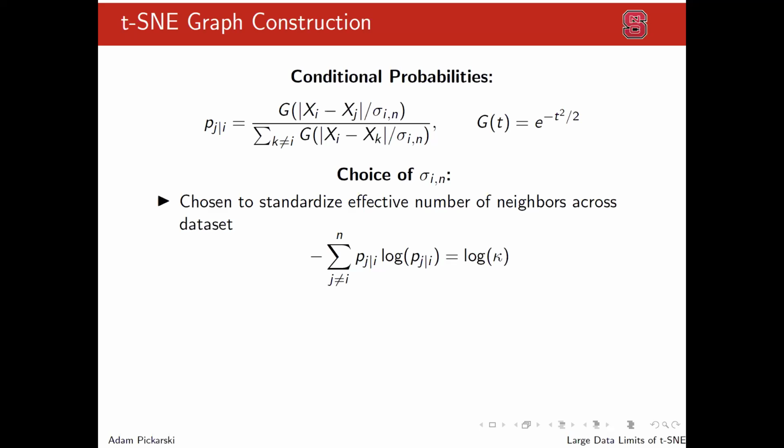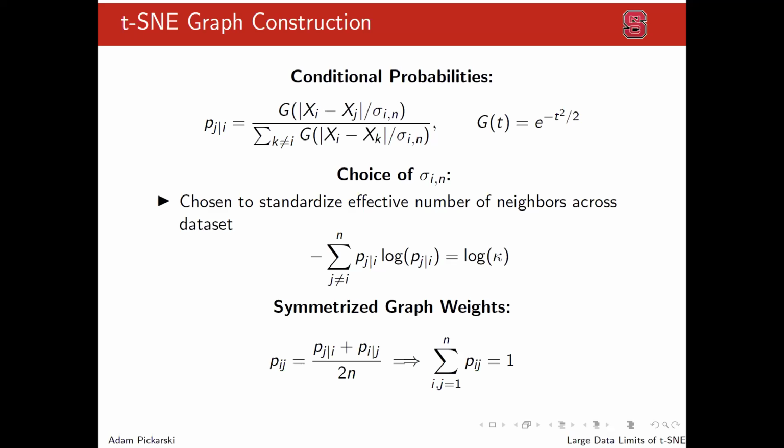So they want to hold the number of nearest neighbors constant in some smooth way across all points i, and this kappa for us is going to be that number of nearest neighbors we're trying to achieve. These p_j|i's obviously depend on sigma_i, so in practice they do this with a binary search.